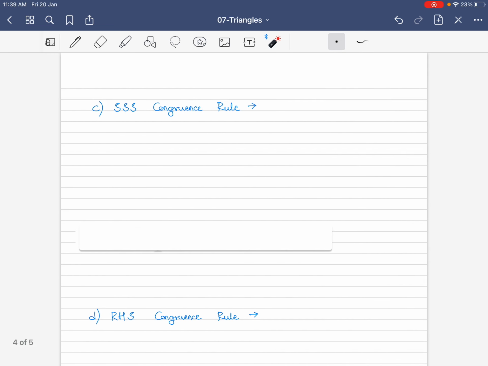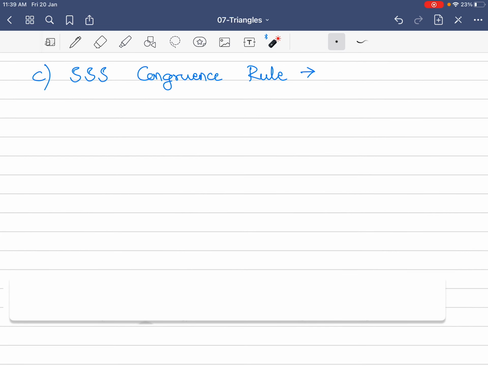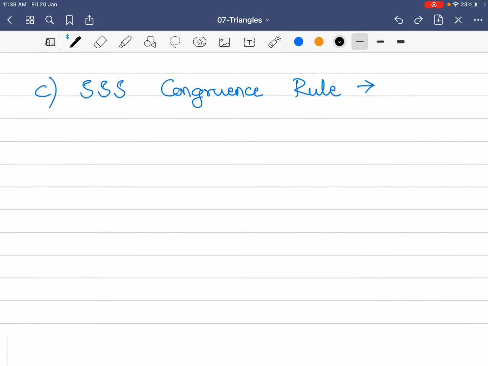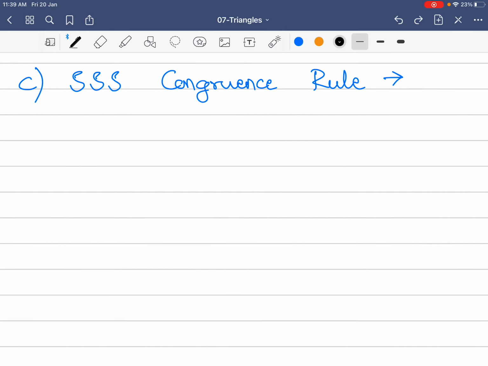Now the third one, which is quite simple, straightforward and the easiest one, is called the SSS congruence rule. Let's zoom in. This SSS stands for side, side, side. This is very obvious and intuitive, the most intuitive congruence rule.